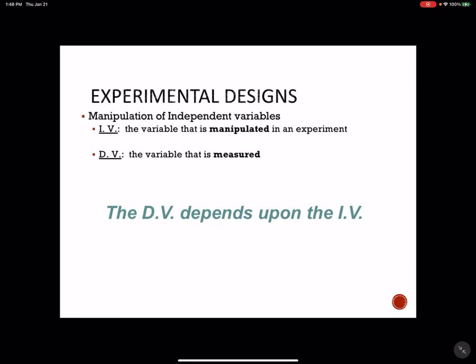So in that case, I would be manipulating the teaching method to which each child was exposed, and then I would measure how much those children learned. And in that case, what the kids learned would depend upon the teaching method, or the dependent variable would depend upon the independent variable. If you say it enough times, it'll make sense. And on the next slide, I'm going to give you examples.